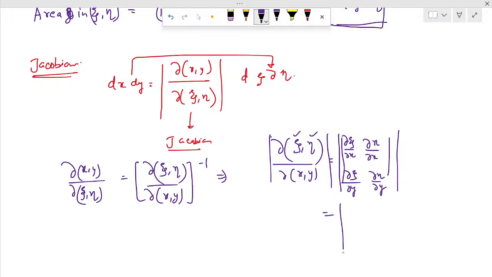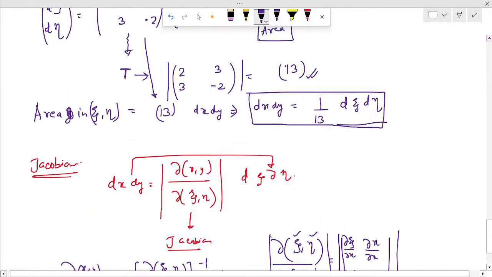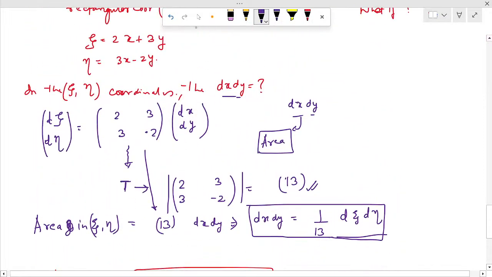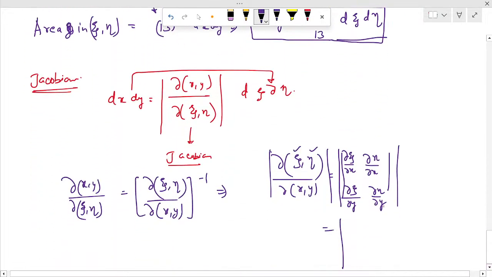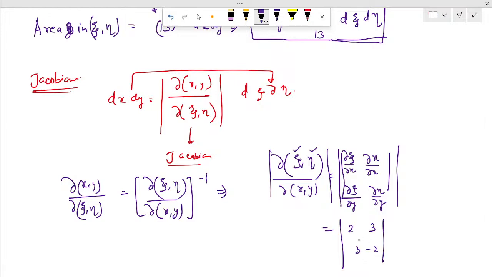Zeta was given as 2x plus 3y. So if I take the derivative, I'll get 2 here, 3 here, 3 here, and minus 2 here. So minus 4 minus 9, take the magnitude again, so it will be 13.